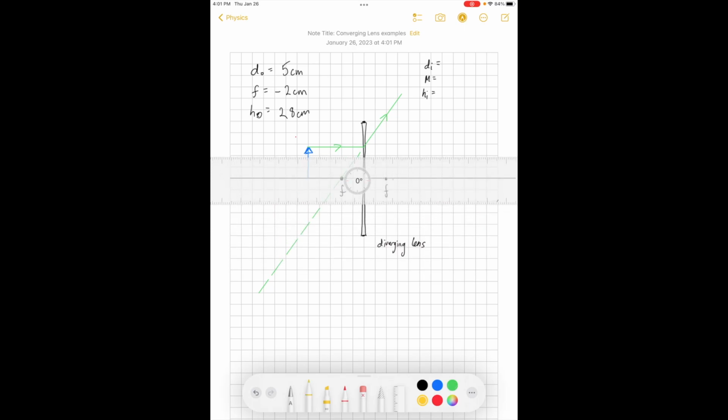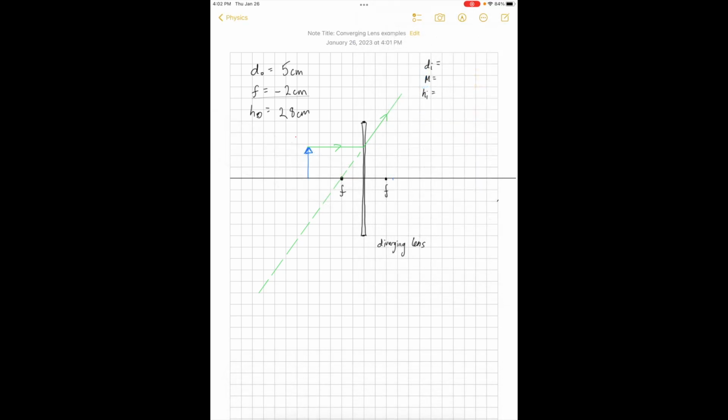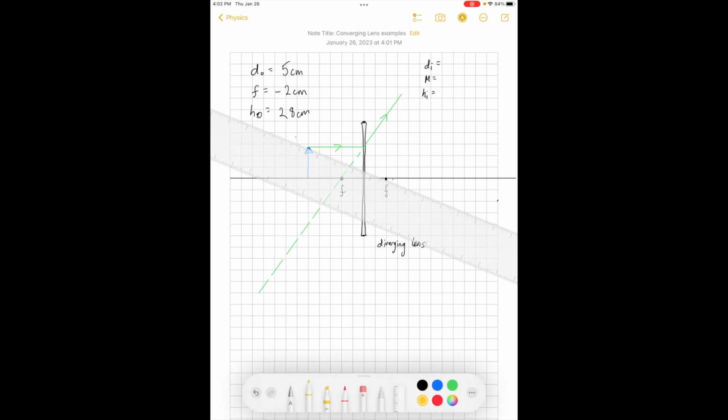If I aim a ray from the object towards the focus on the other side, we'll try our best here, it would do something like this. Heading towards the focus on the other side, hits the lens, and then it goes on parallel.